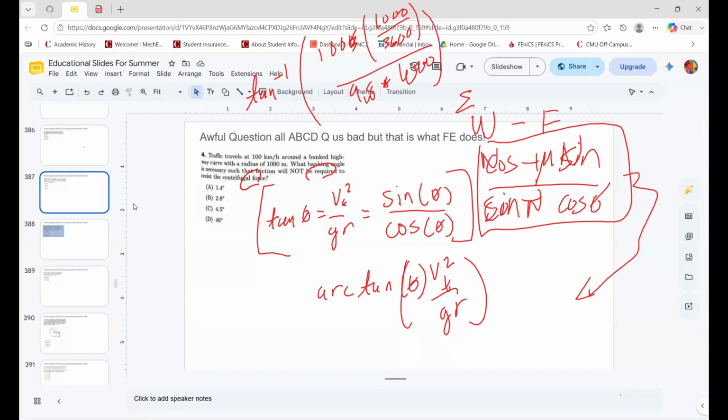Oh, there's something I didn't do. It's v squared. I forgot the square. Just put the square on top, and we should be good. Oh, it's not going to let me do that. Huh? You're going to make me redo the whole entire equation. Great. 100. Maybe this will work. Oh, I get 4.5, which is C. All right.